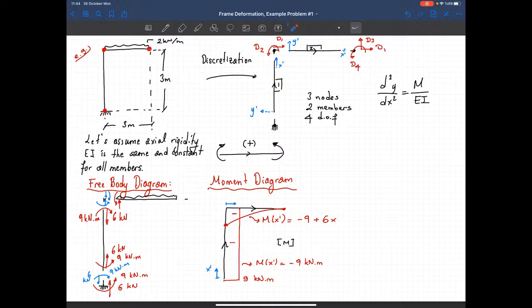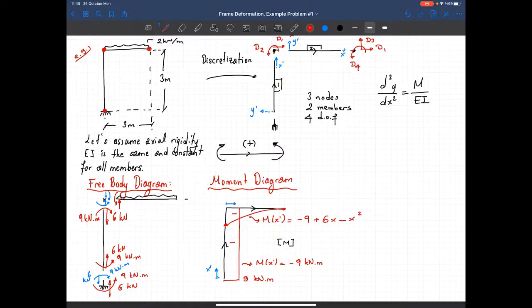And the uniformly distributed load, if I take a section cut here, will create a moment in the same direction as this one, and the magnitude of that moment will be 2 times x times the moment arm x over 2, and I get minus x squared.